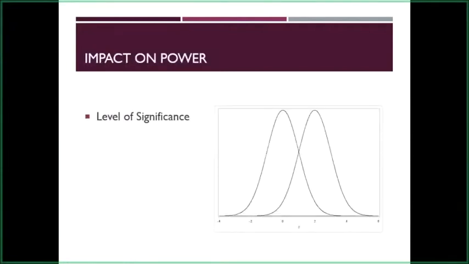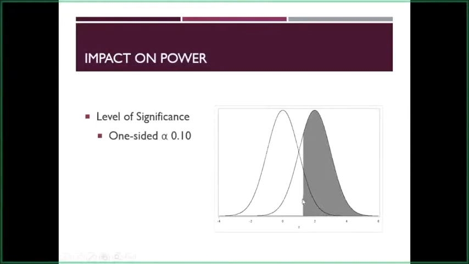So again, let's see how the level of significance impacts the power. Here we have 2 curves. On the left, again, is the curve that reflects what we would expect under the null hypothesis. On the right is what we would expect under the alternative, okay? And you can see, again, we talked about the level of significance. So the shaded region here under the curve on the left reflects a one-sided 0.10 level of significance.